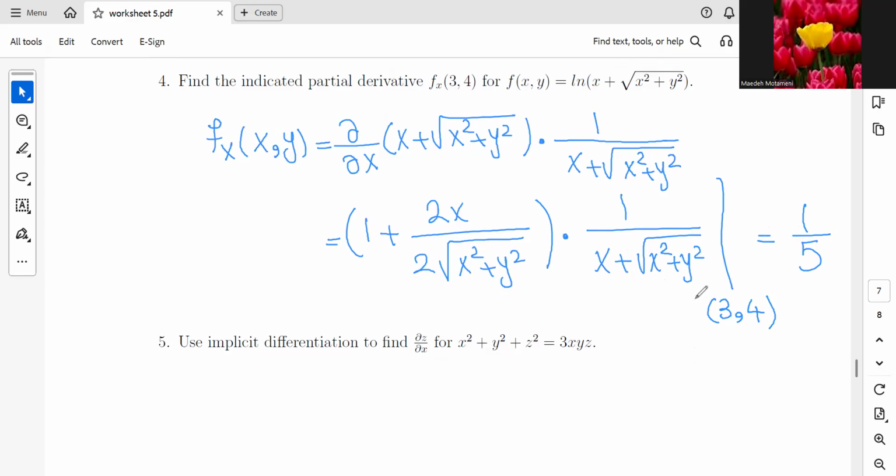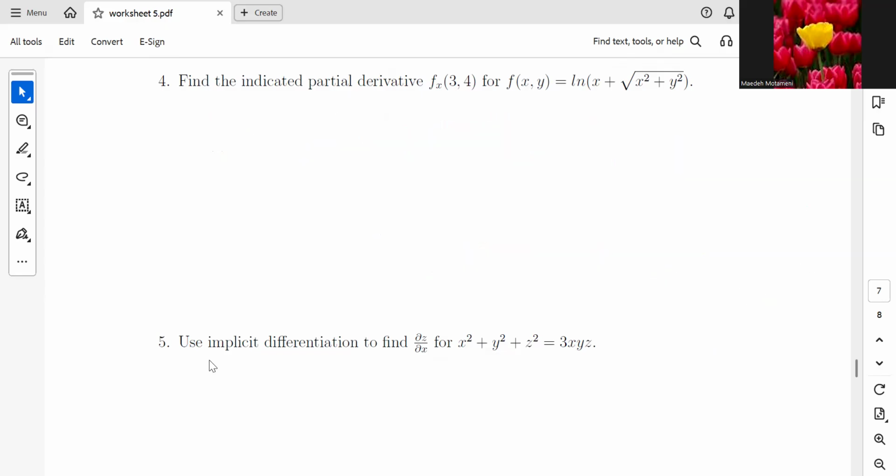Question number 5 is about finding implicit differentiation. For finding implicit differentiation, I would write it here. We are going to write the step-by-step of the derivative. For the first step, it would be the derivative with respect to x of x squared plus y squared plus z squared.